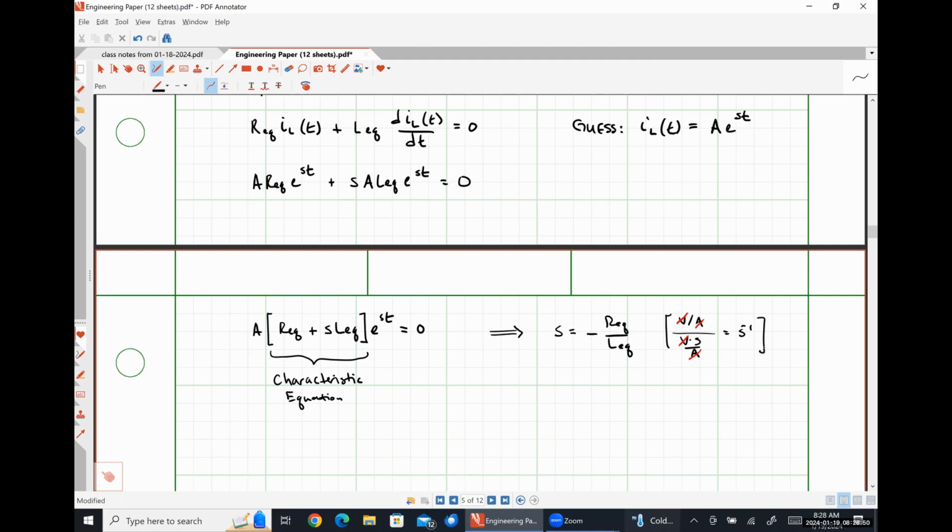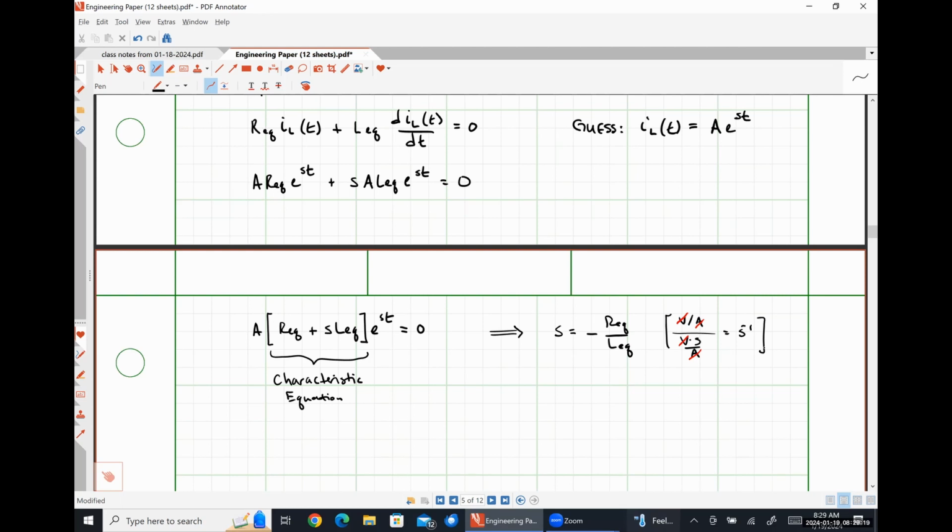This is what's known as the natural frequency of the system because it tells us how our signals are going to exponentially decay in this particular system when there are no sources or anything that's forcing it to do something different, right? Because during the transient condition, our resistor REQ and our inductor LEQ aren't connected to anything but each other, okay? The source is completely disconnected.